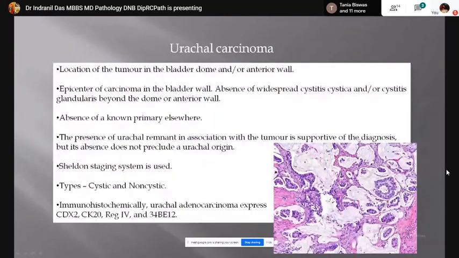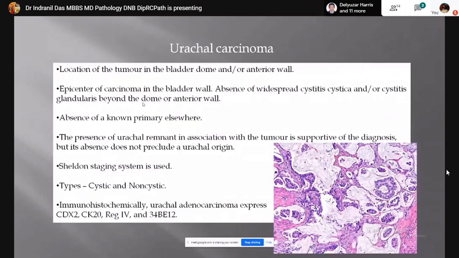Now, urachal carcinoma. The urachal carcinoma is usually located in the urinary bladder dome or in the anterior wall. The urachus is present between the bladder and the umbilicus. The epicenter of the carcinoma is usually in the bladder wall. For diagnosing the tumor, a primary elsewhere should be absent.